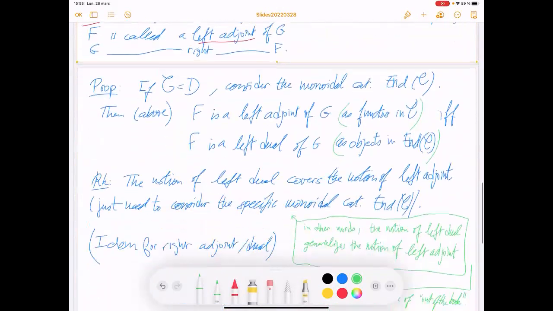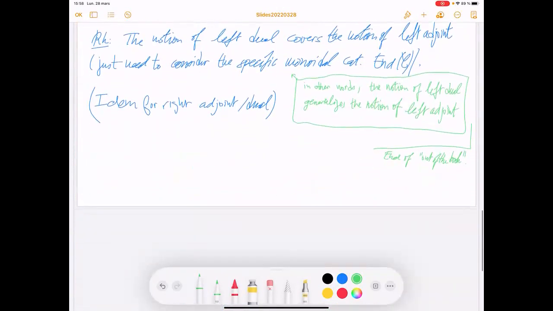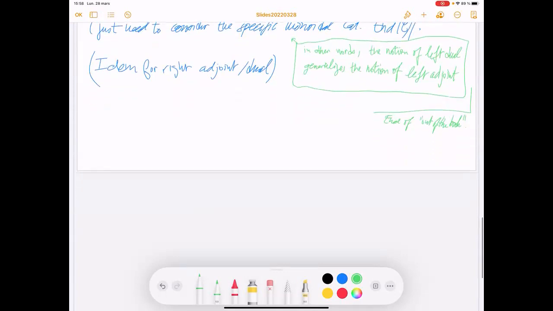Okay. So now we are more familiar with the notion of adjoint, and we will use that. So proposition.